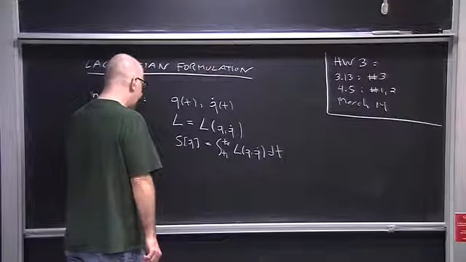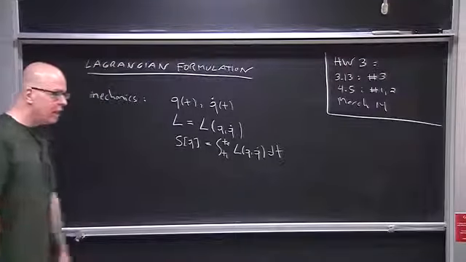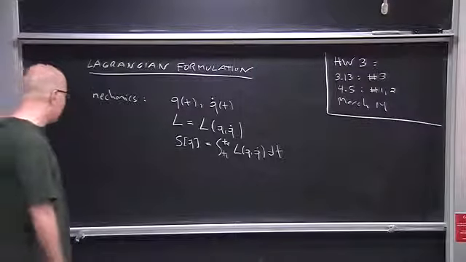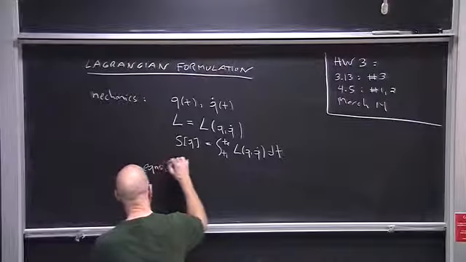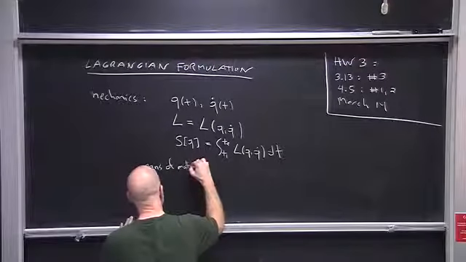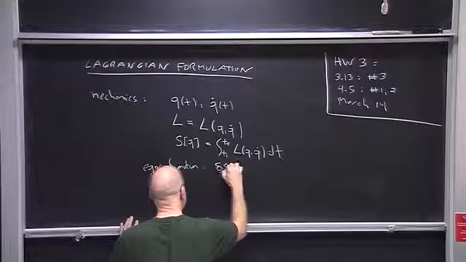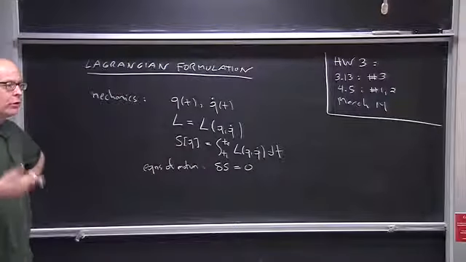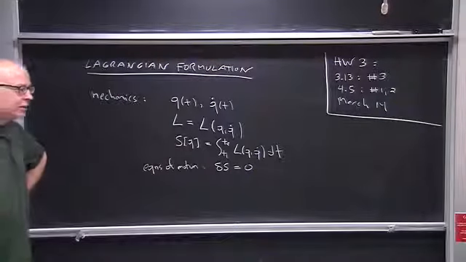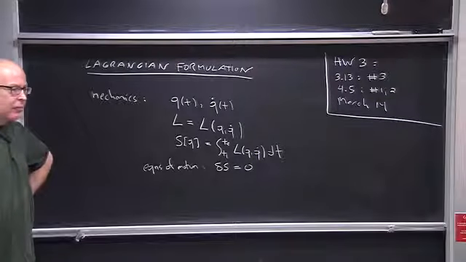So the action is the starting point of a variational principle. And what we say is that the equations of motion in mechanics are obtained by considering a variation of the action and declaring that around the true path, the true trajectory of the system, the action will be stationary.